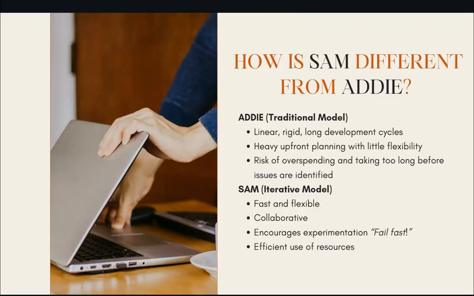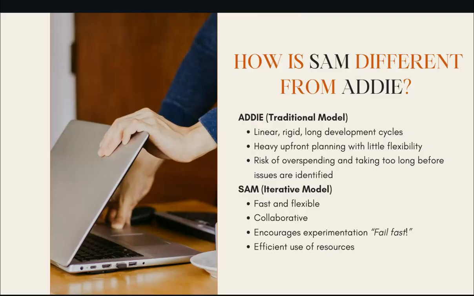With SAM, that iterative model, it's fast and flexible, encouraging quick development and refinement. It's collaborative, as we mentioned, involving stakeholders early and often to ensure that the project remains on track and focused on what actually needs to happen. It encourages experimentation.